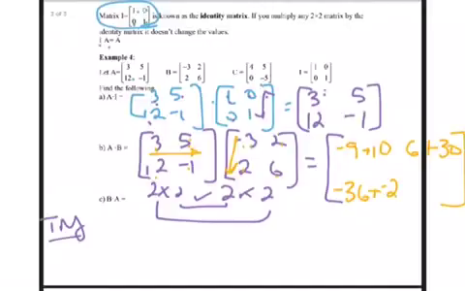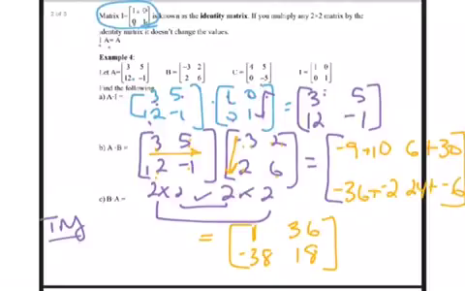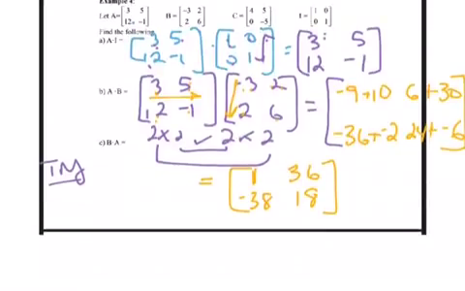And then row 2, column 2, 12 times 2 is 24, and negative 1 times 6 is negative 6. So all together, for this one, I'm going to get 1, 36, negative 38, and 18. So I want you to try B times A.